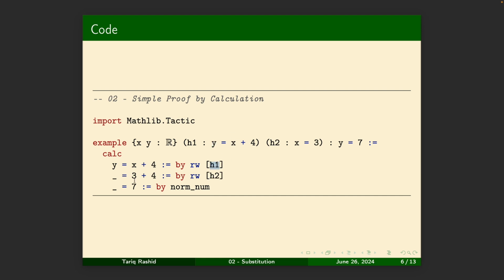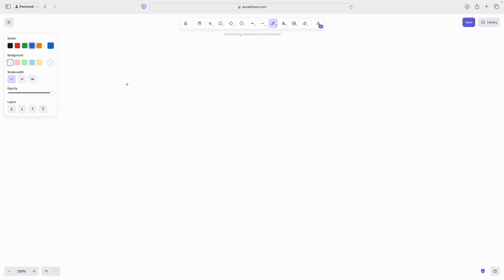The next line, we make some progress. So this underscore means we could write x plus 4 equals, but that would get quite tiresome. So as you've seen in maths proofs, we often leave out the left hand side. It's just assumed that it's this thing here. Let me draw a picture. So in maths at school, you might have seen, x equals something, b plus c equals d plus f equals d plus g over h, and so on, equals 7.